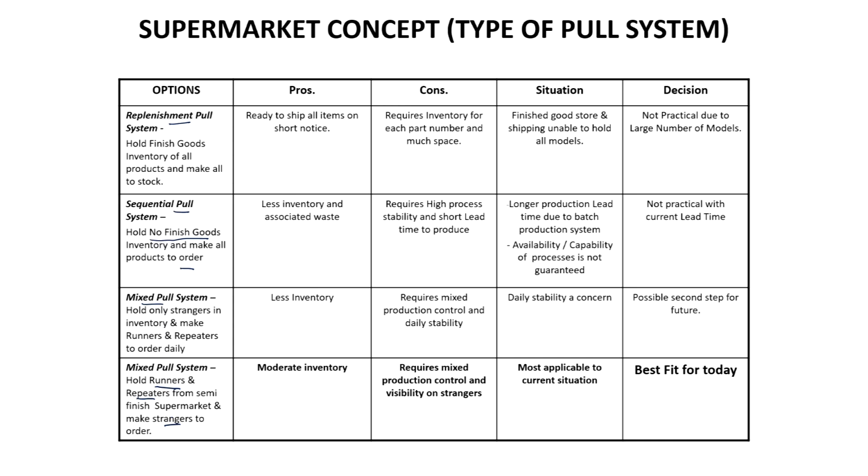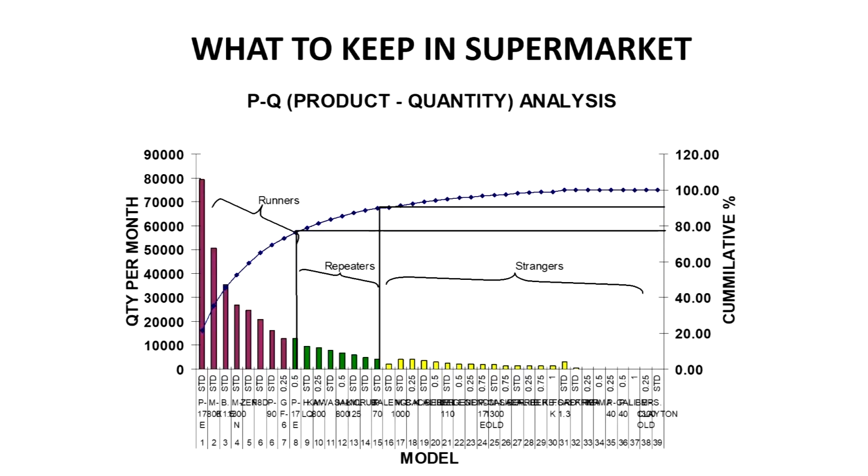So, we can hold the runners and repeaters from a semi finished supermarket and make strangers to order. Different strategies can be followed for these components and parts. This is how you can classify them based on their quantity requirement per month: runners have very high demand, repeaters are frequently required but have less demand, and strangers are occasionally required.